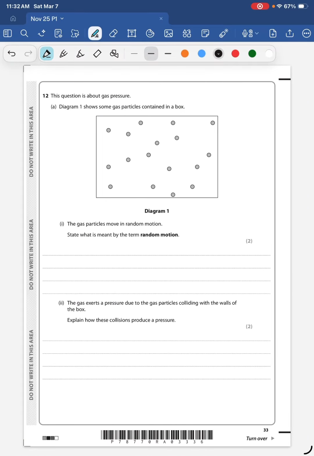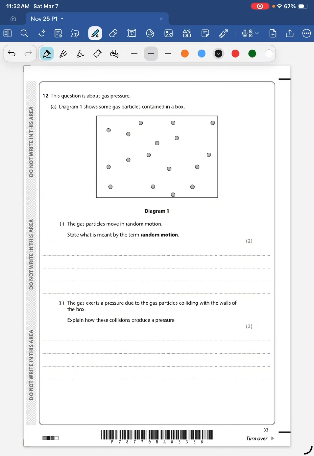Okay, question 12 is the last question in the test. This question is about gas pressure. Diagram 1 shows some gas particles contained in a box. The gas particles move in random motion. State what is meant by the term random motion.